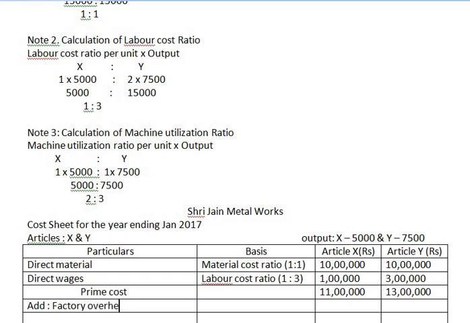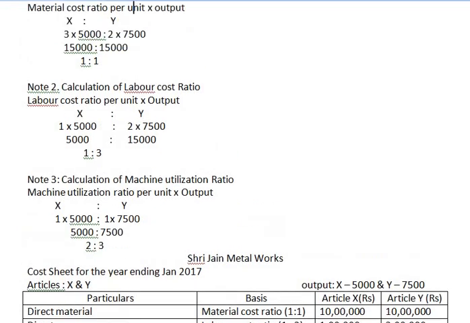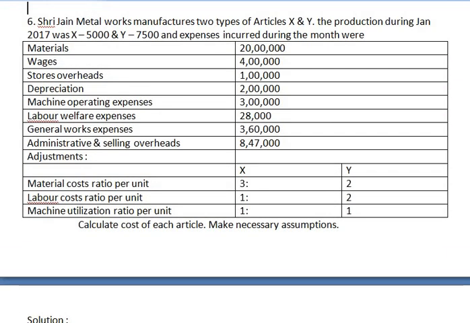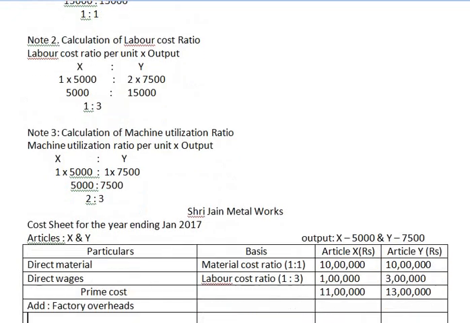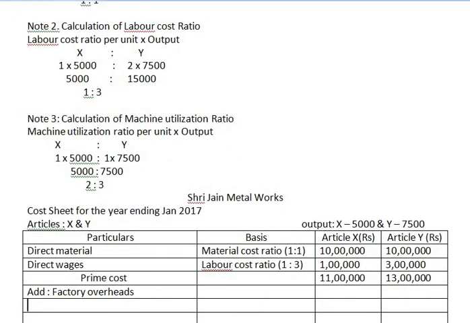Yes, now next is add factory overheads. Now go through the problem related to factory overheads, if any expenses they have given us. So they have given stores overheads 1 lakh. Here you write stores overheads.